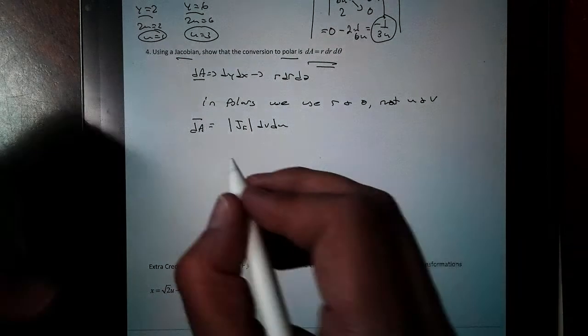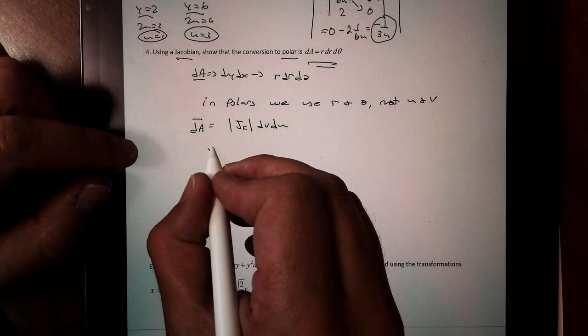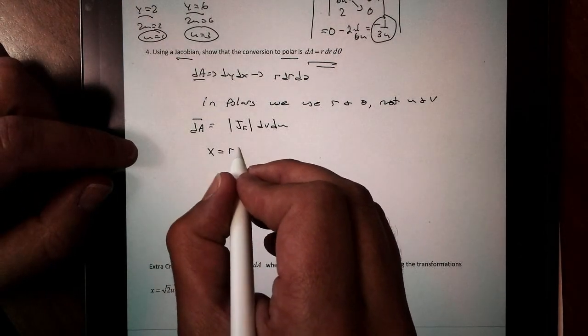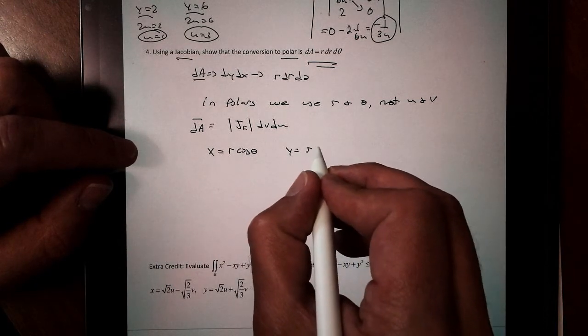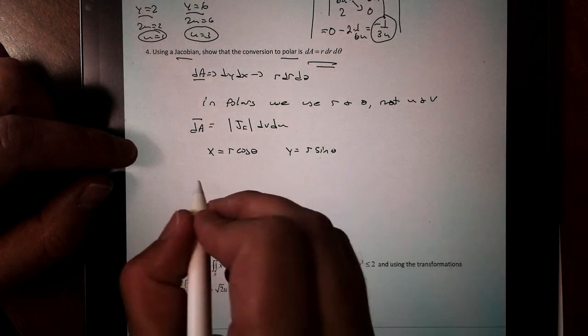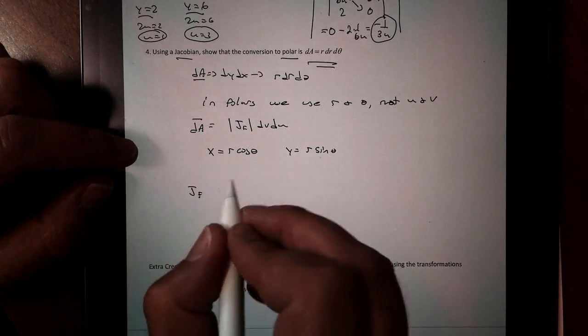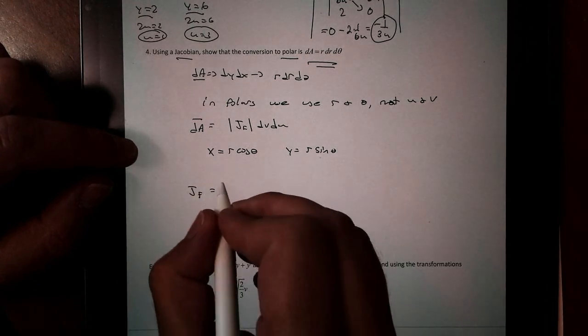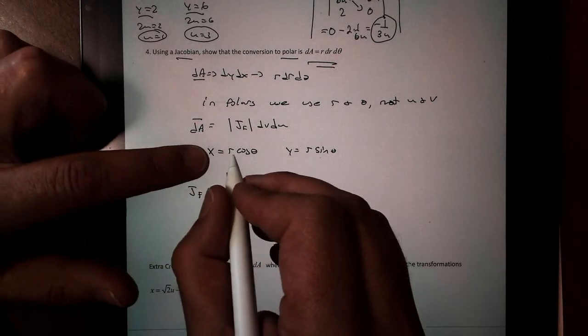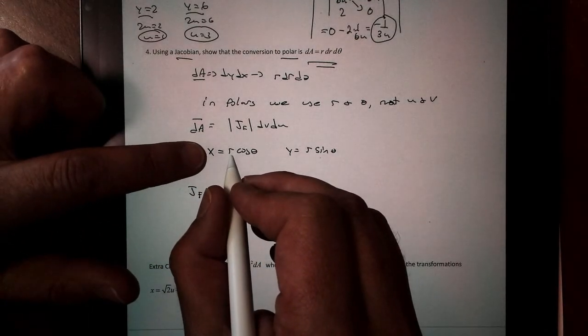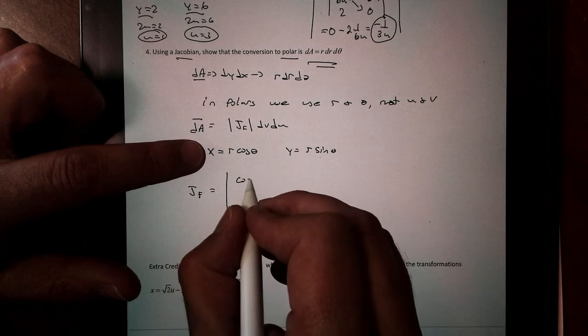We're using polars, so let's go ahead and get x and y. X is r cosine theta. Y equals r sine theta. So let's go ahead and get our Jacobian. The derivative of x with respect to r is just going to be cosine theta.